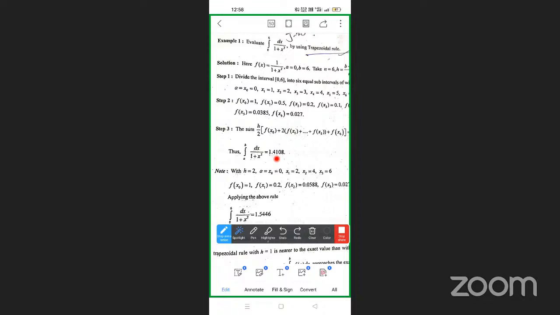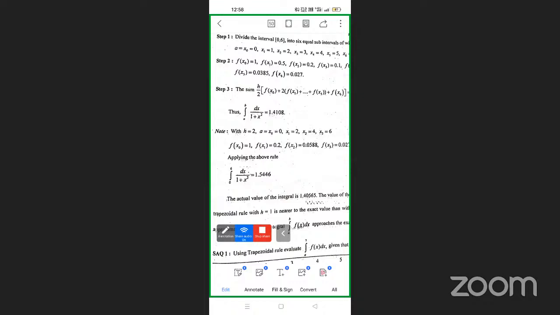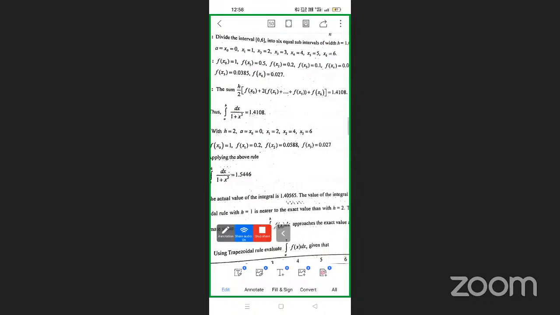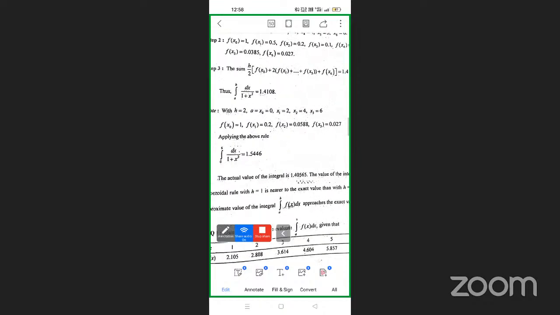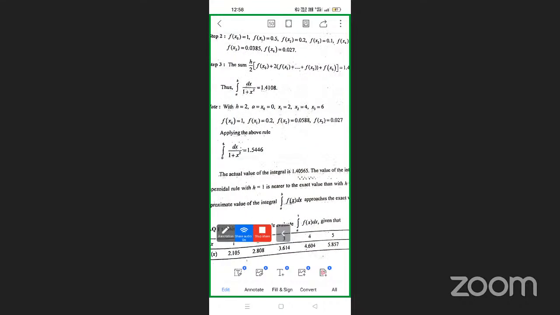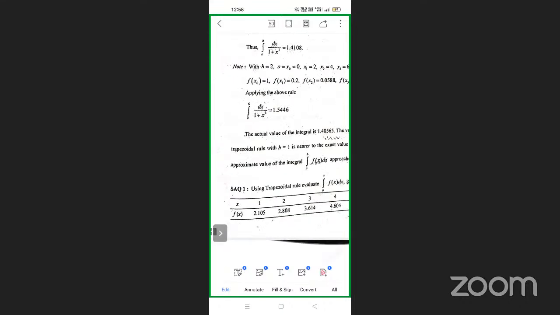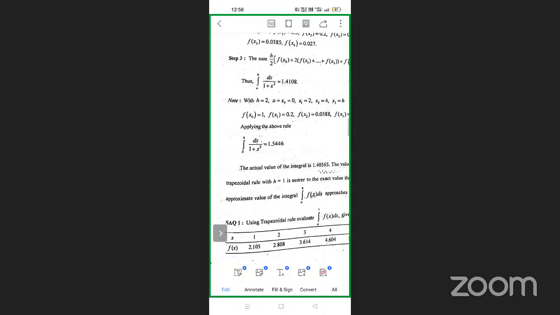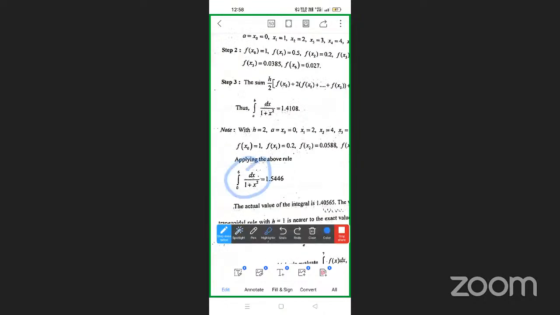But we can also calculate it directly. The integration of 1 by 1 plus x square is tan inverse of x, by formula. This is the direct integration, with limits 0 to 6.